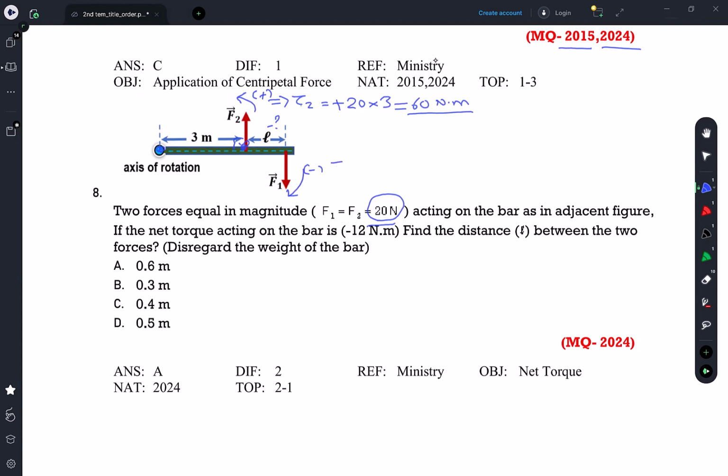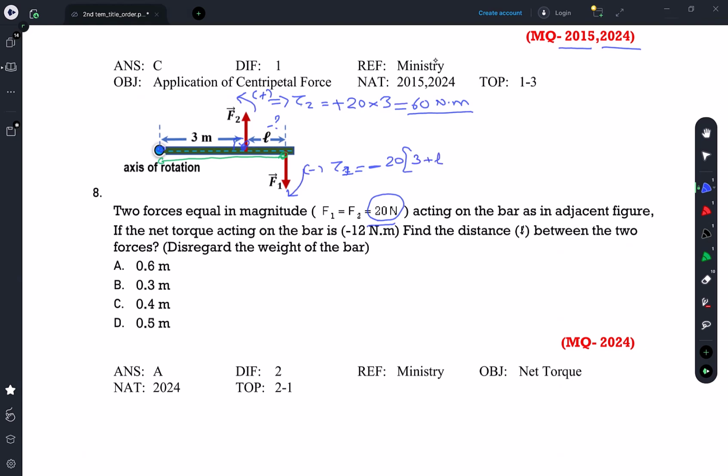Torque 1 is negative, F1 is 20 again. But this time distance is counted from the force to the axis of rotation. It is going to be 3 plus 3 meter until F2, plus L until F1.